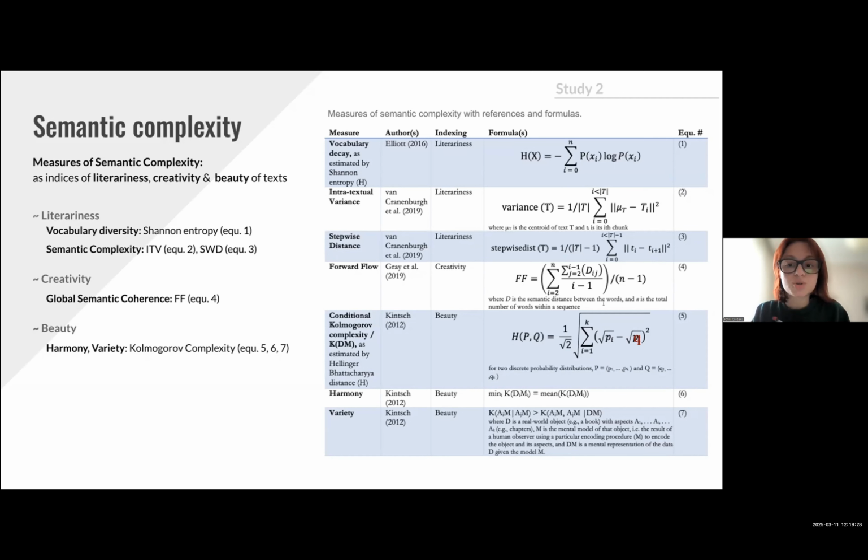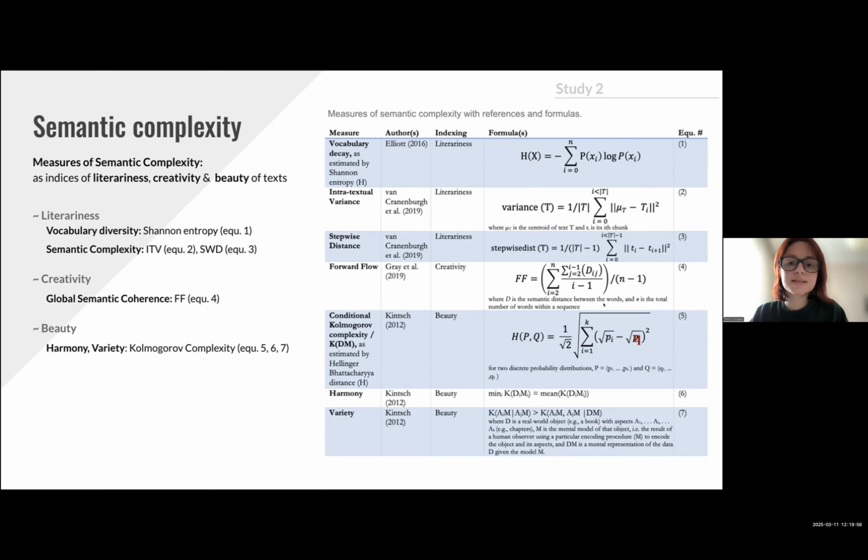As for the two measures of semantic complexity, the intratextual variance, ITV, measures how much meaning shifts across the text by comparing each chunk, in this case word vectors, to the overall centroid. The stepwise distance, SWD, focuses on local semantic shifts by tracking how meaning changes progressively from one part of the text to the next.